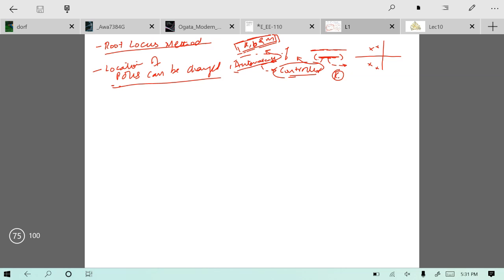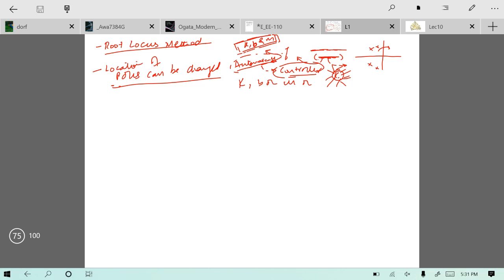But obviously, you should change the location of poles keeping in view that the poles do not cross the j omega axis and do not come into the right half plane. From this, you define the ranges of k, b, or m, or this controller k, just as we defined the ranges of k and a in our previous lecture.